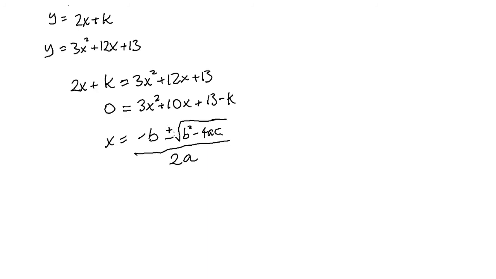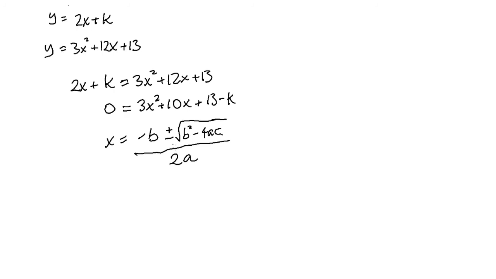But if the discriminant b squared minus 4ac is 0, then there will only be one solution, which is the point at which the straight line is the tangent of the curve.